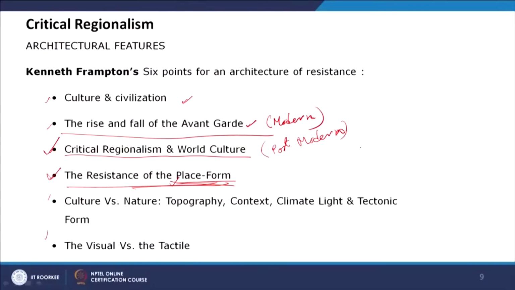And as we know, space plus activity equals place. It can be a particular 3D space, and when you add people's activity, when the people's layer is added into the space, then it becomes a place, a memorable space.